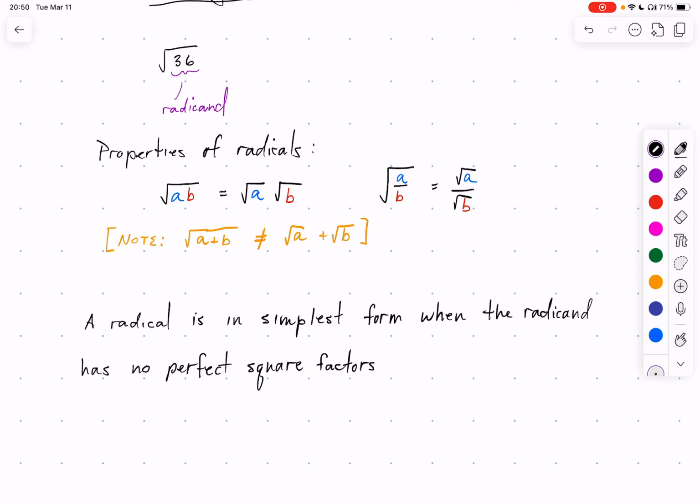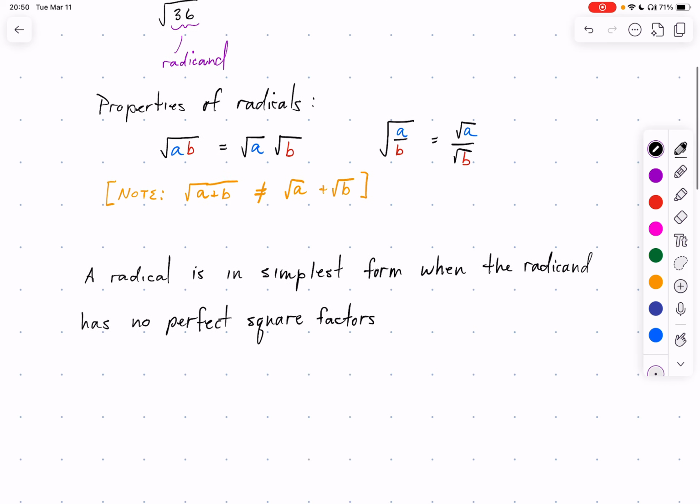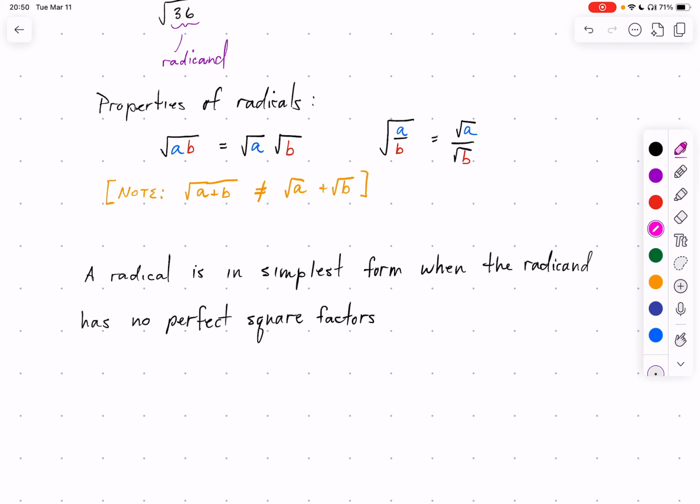Okay, and what do I mean by perfect square? A perfect square is just a number whose square root is an integer.